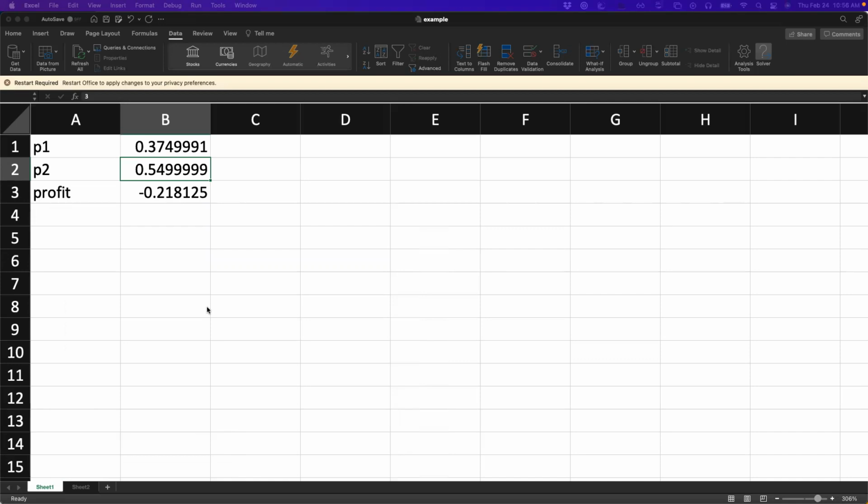You will notice that there's some kind of rounding error, and this has to do with the particular algorithm that is being used in Excel to solve this. The way that we solved it analytically lets us get at exactly the right answer, but this is a more generalized solver that may have some slight error because it makes a decision to say, okay, we're close enough, so I'm going to stop.